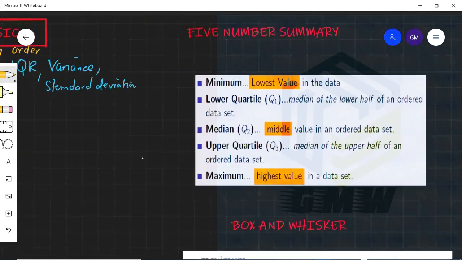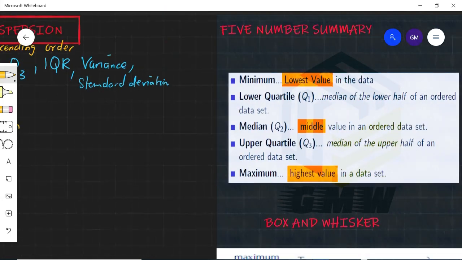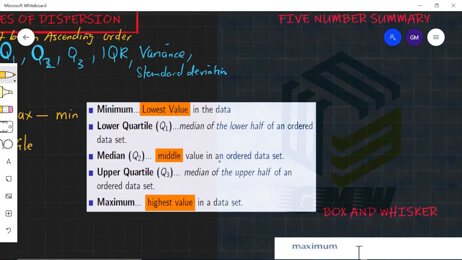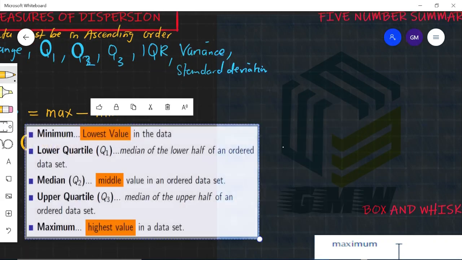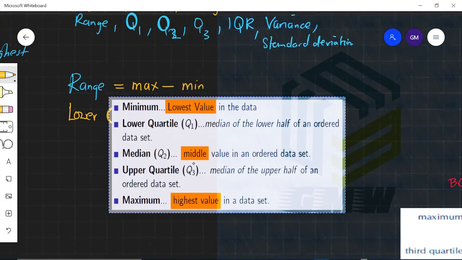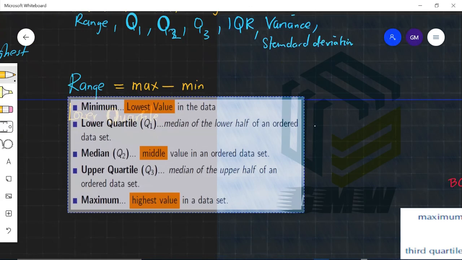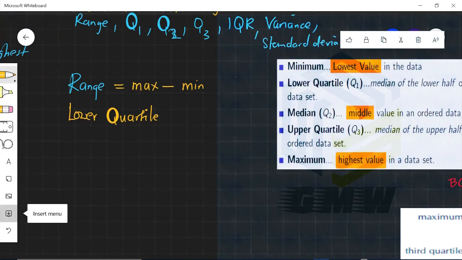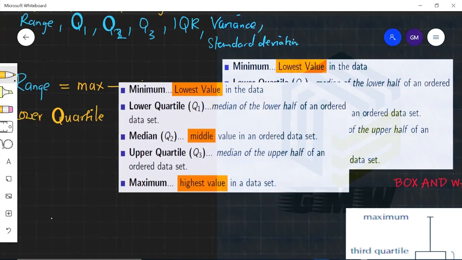For the lower quartile, let me just copy this, it will help us to be faster. I paste it here.